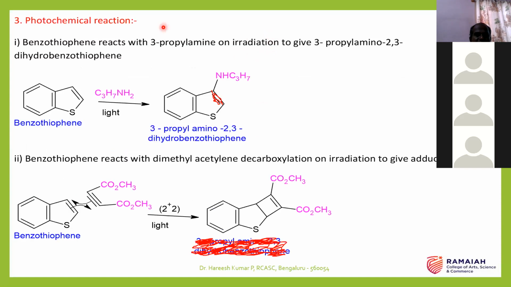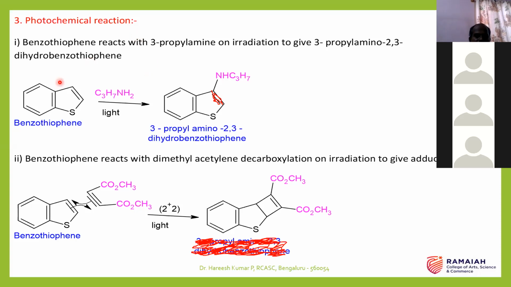In the next slide, we are talking about the photochemical reaction. I think you have studied photochemistry, one complete unit. So I think you are aware of which one is photochemically favorable and which is thermally favorable, thermally allowed, photochemically allowed.